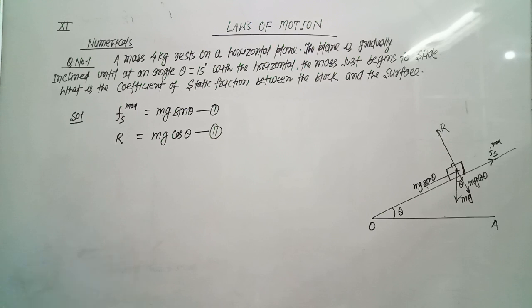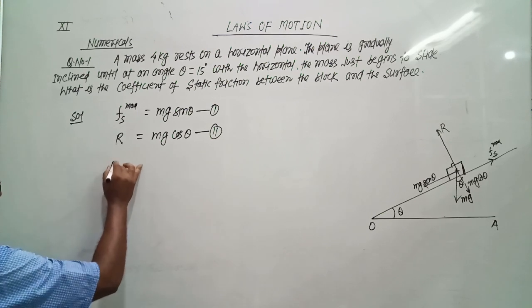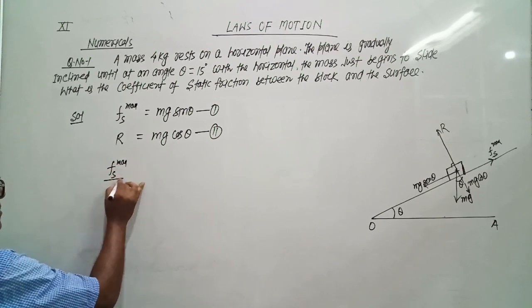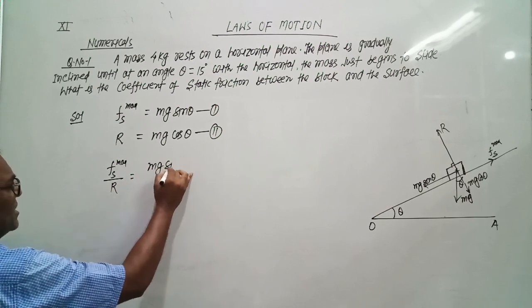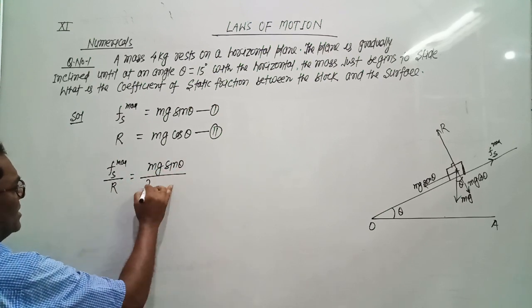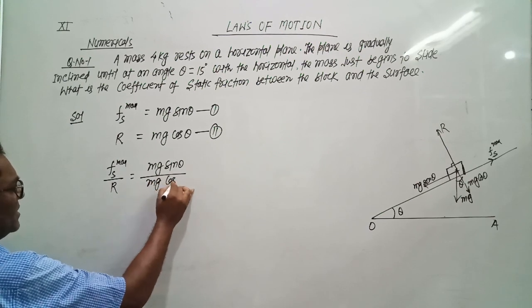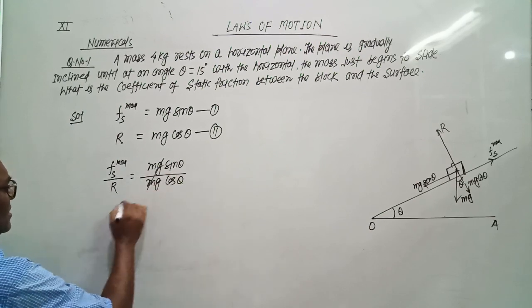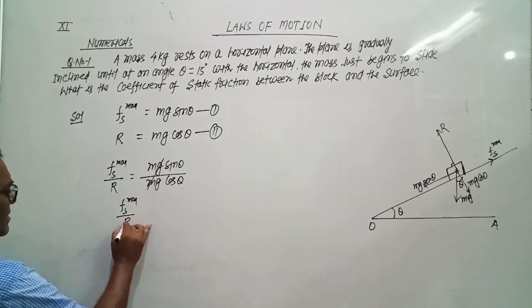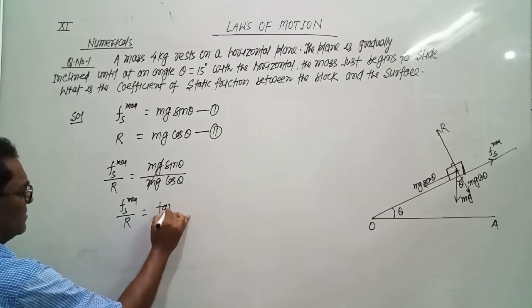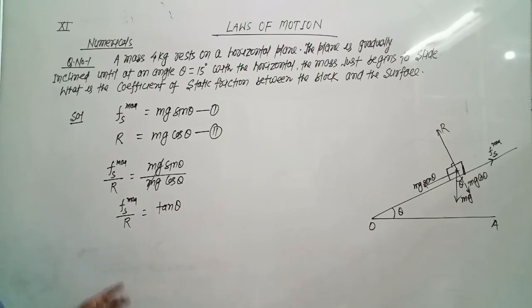Now divide first by second. So Fs maximum upon R equals mg sin theta upon mg cos theta. mg gets cancelled. So Fs maximum upon R equals sin theta by cos theta, that is tan theta.